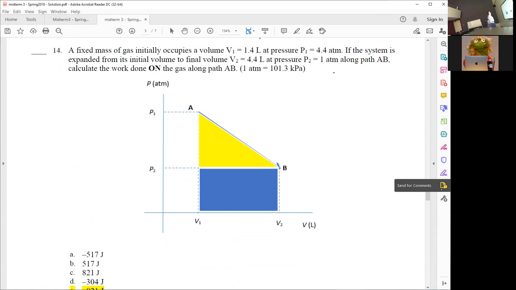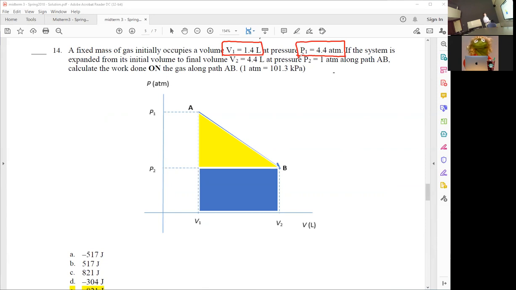A fixed mass of gas initially occupies a volume of 1.4 liters. So I'm starting with an initial volume V1 of 1.4 liters at pressure P1 equals 4.4 atmospheres. That's my initial pressure and initial volume.